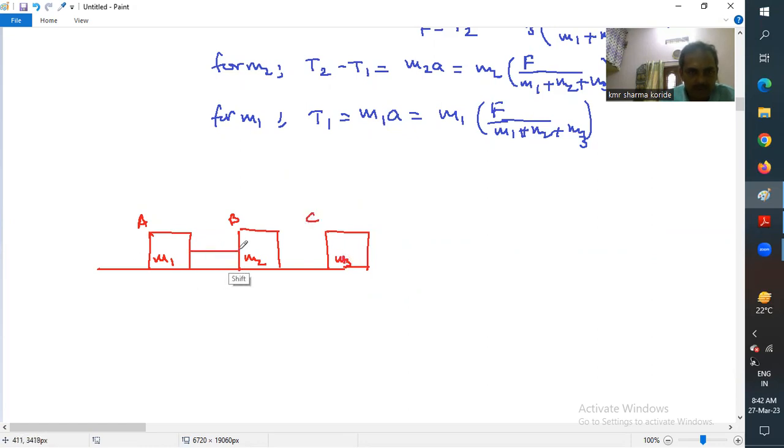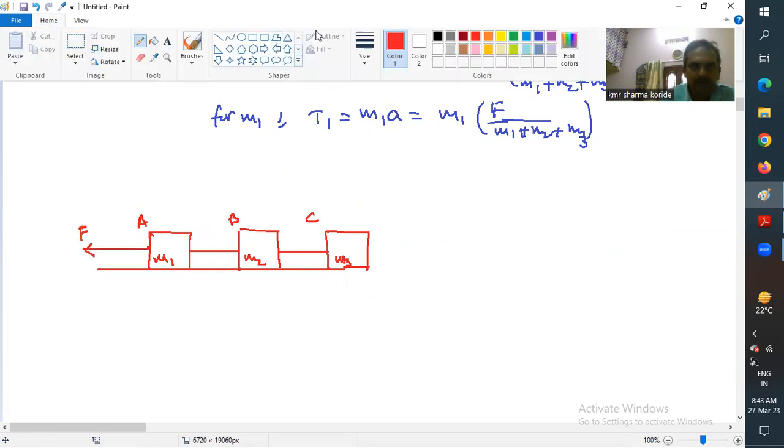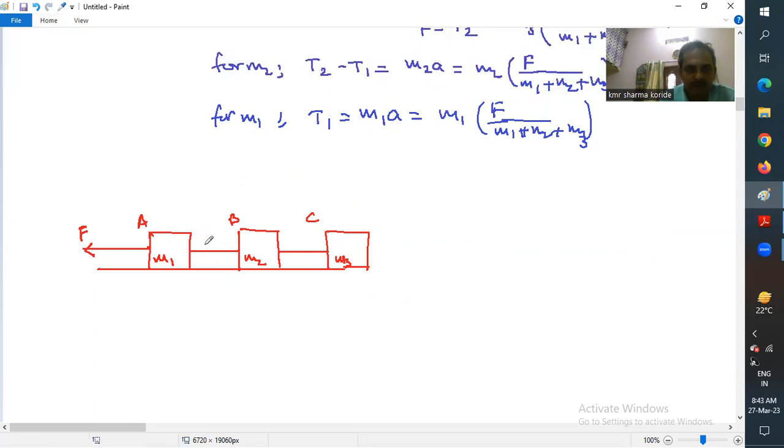Now this is connected with the string. Let us say first string and second string here. Now the force is applied on block A. So let us see how the tension opposes and favors. Here T1 opposes M1 but F favors.